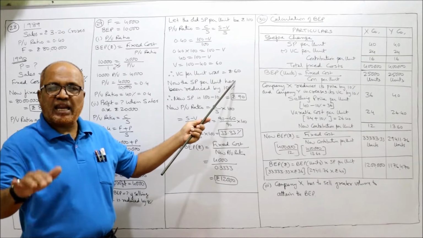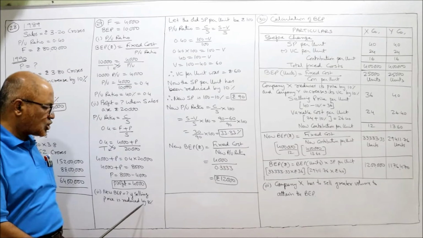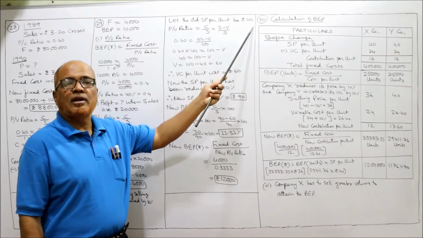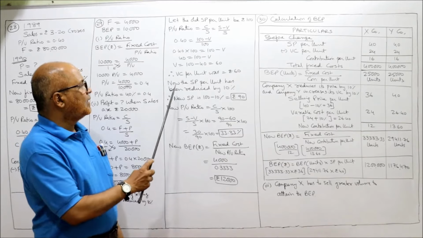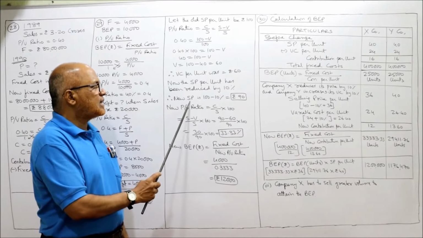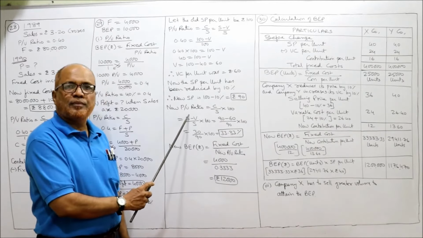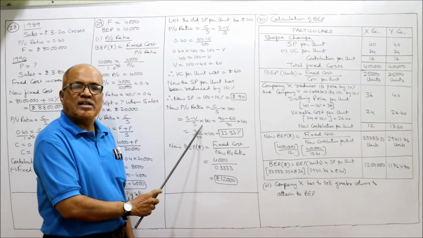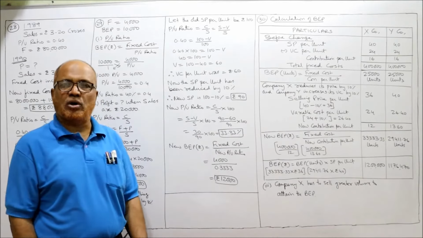Now we are decreasing the selling price by 10%. The old one was 100 rupees. Reduce 10% from 100 rupees and it becomes 90 rupees. So the new selling price is 90 rupees. The new PV ratio is S minus V by S into 100. What is the new selling price? 90. There is no change in variable cost.